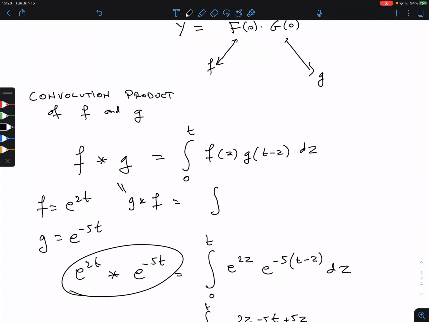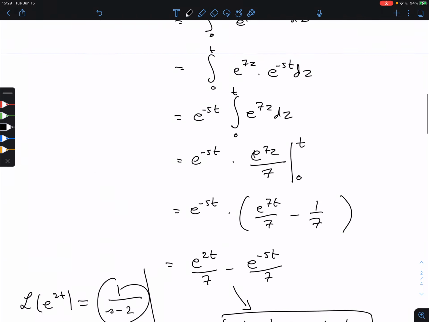But that is not obvious, because let's write down what this would mean. This, by definition, would mean the integral of g(z) f(t minus z) dz. It is not so hard to show that these two integrals are the same. A priori they don't look the same, but by a change of variables, you can show that they're the same. I'm not going to spend time on that.